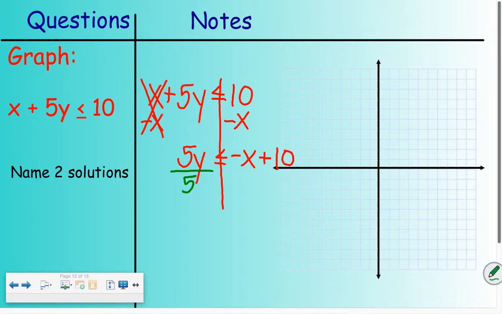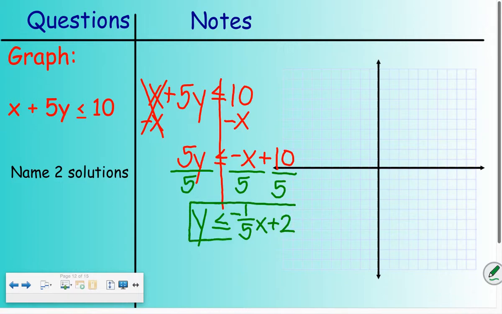Divide every number by 5. And we have y is less than or equal to negative x over 5, which is the same as negative 1/5 x. So I'm going to write it like that instead, but you could leave it as negative x over 5 as well.